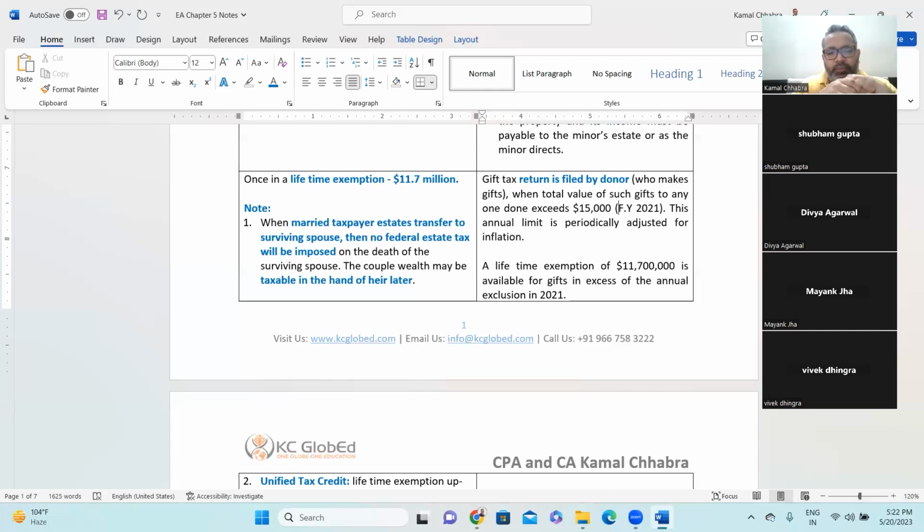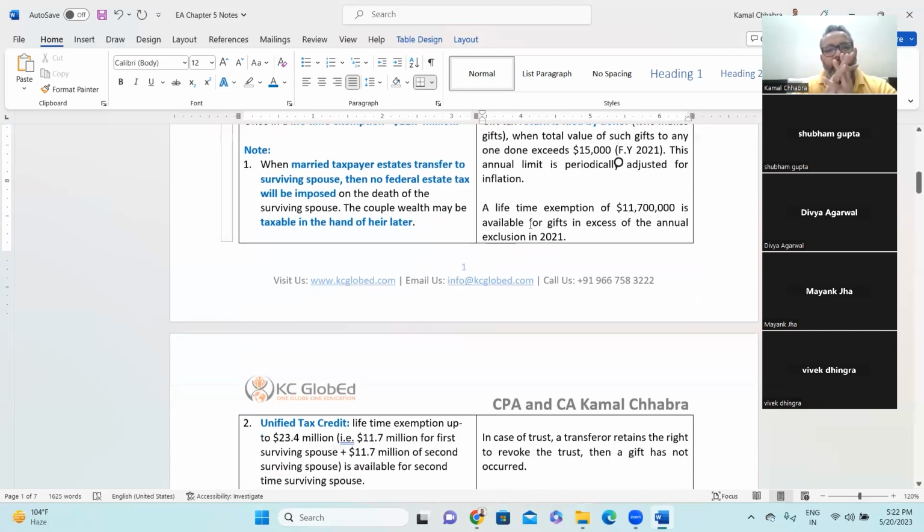Now look at the notes on the left hand side. When a married taxpayer's estate is transferred to the surviving spouse, then no federal tax will be imposed on the death of the surviving spouse. The couple's wealth may be taxable in the hands of heirs later. What it means, for example, there is a husband and wife.